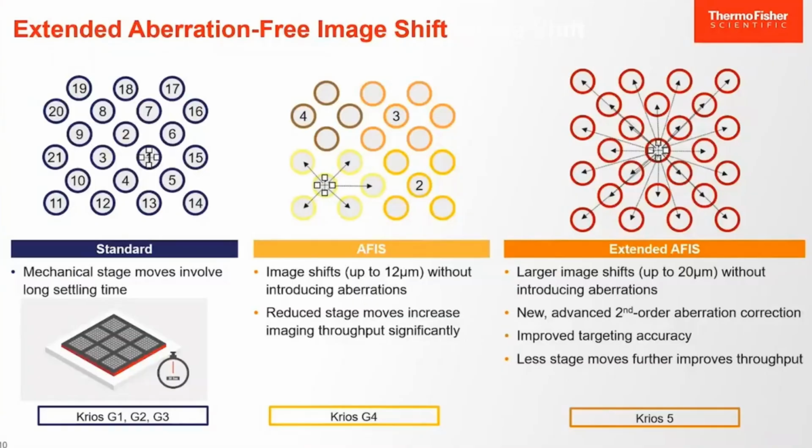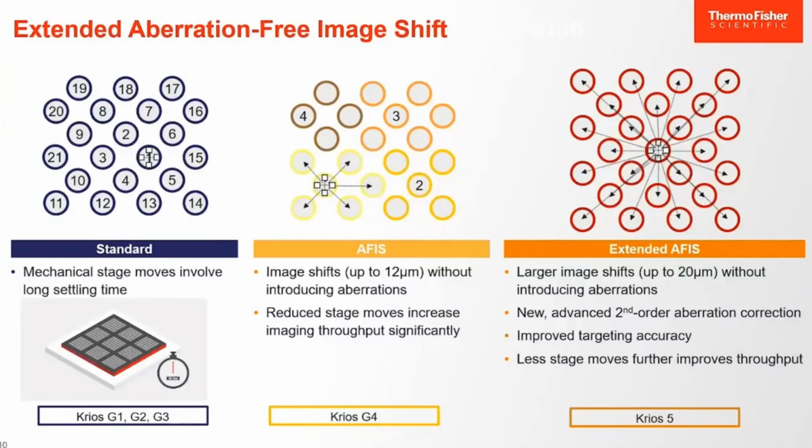What we're doing now with Krios 5, we're introducing extended AFIS. So we go one step further than what we did with AFIS. We can now go to 20 microns image beam shift without introducing aberrations. We learned that when you go to 20 microns image beam shift, you introduce a second order aberration on top of the first order aberration, which is typically linear, but we have modeled this and we can fully correct for this.